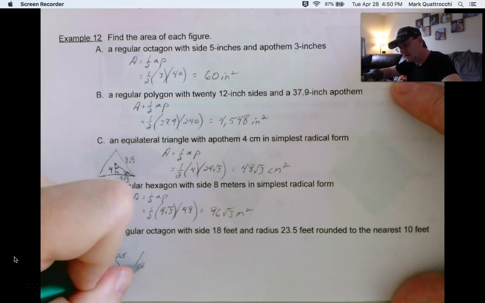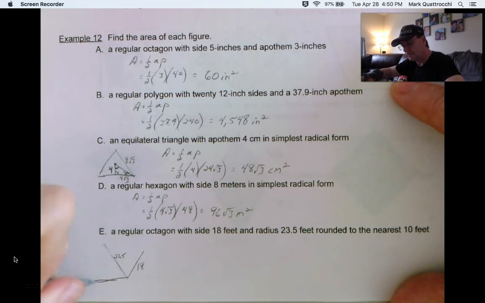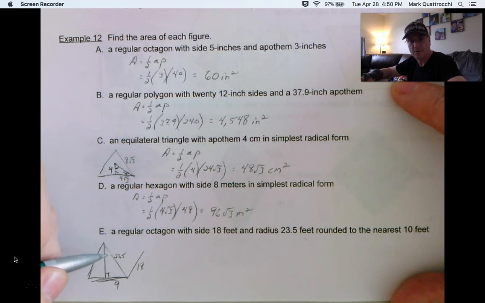One side is 18. Draw in the apothem. This becomes 9. Find this. I'm going to use Pythagorean theorem. I'm not going to do right triangle trig. So I don't even need the angle measures this time.